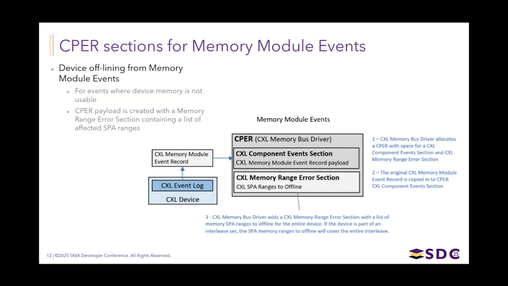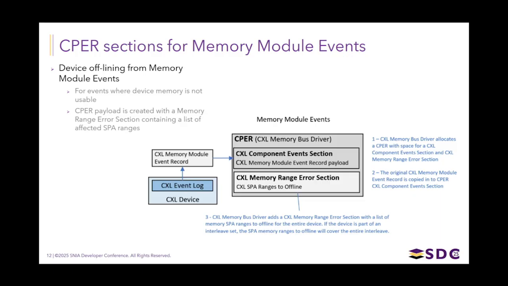Yeah, and so from a CPR payload, what this looks like is we have the CXL component event section. We always have one of those, and we just dump the raw payload from the event record into it, right? So the bus driver is doing this.